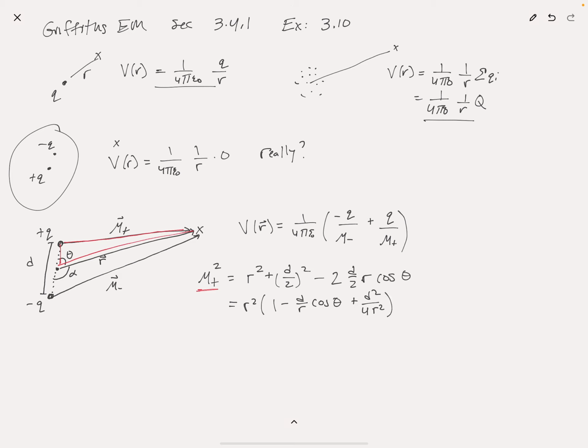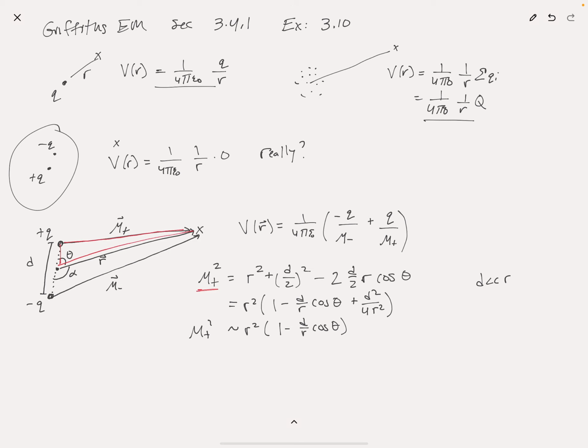Those two lines are exactly equal to each other. All right, and this is approximately equal to r squared times 1 minus d over r cosine theta, acknowledging the fact that d is much, much smaller than r. Okay, that's what script r plus squared is.